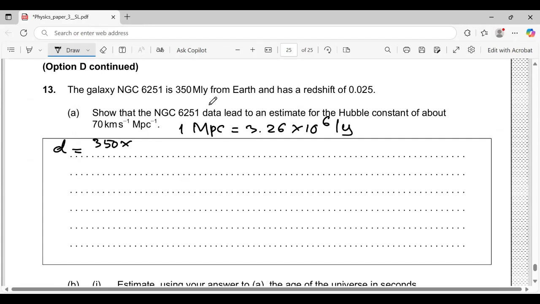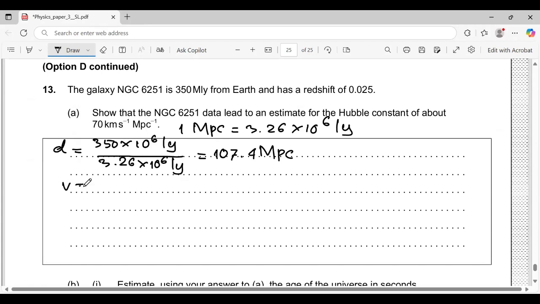This is for 1 megaparsec. So distance equals 350 times 10 to the power 6 light years over 3.26 times 10 to the power 6 light years, and the result is 107.4 megaparsec.